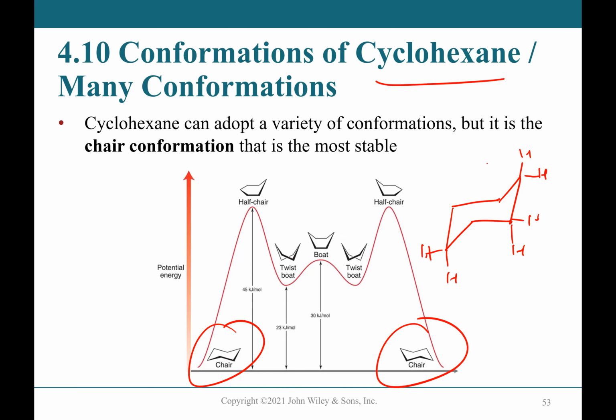The more they become eclipsed on each other, the more repulsion it has, and it's not going to want to stay in that conformation. So it all has to do with how the hydrogens are located within the cyclohexane and how much repulsion you're going to see.